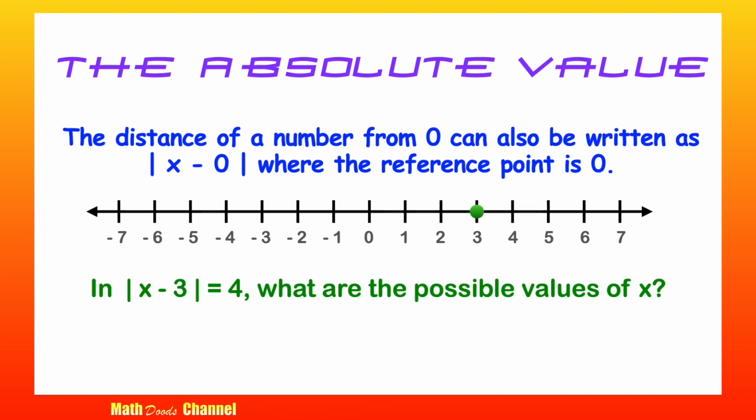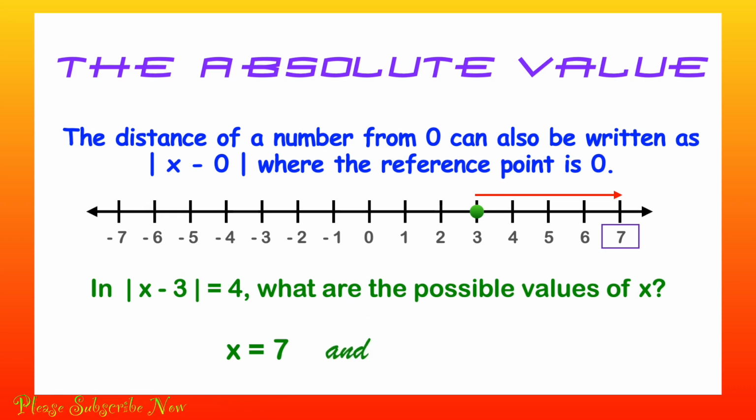Then we will move 4 units to the left and to the right. Beginning with going to the right, move 4 units. 1, 2, 3, 4. So it stopped on positive 7. So one of the values of x is equal to 7.